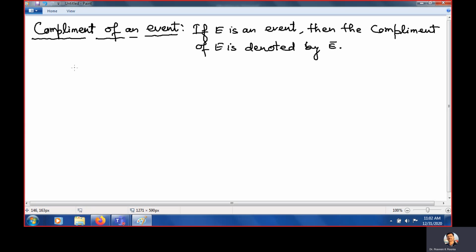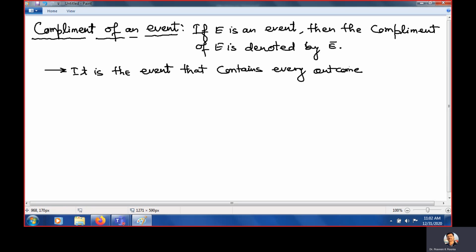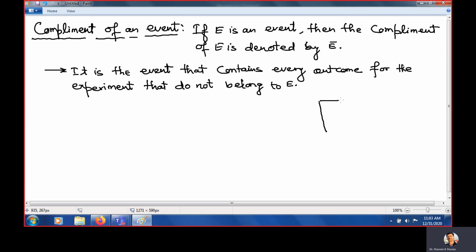And it is the event that contains every outcome for the experiment that do not belong to E.